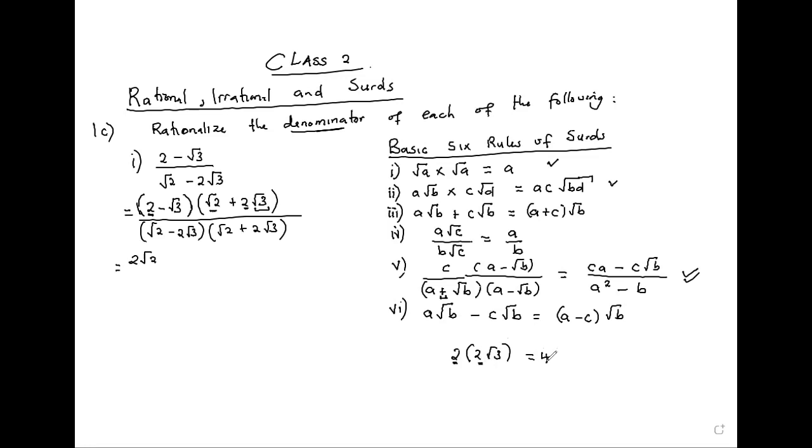And then root 3, like that. So you do plus 4 root 3 minus, you do root 3 now multiplied by root 2.